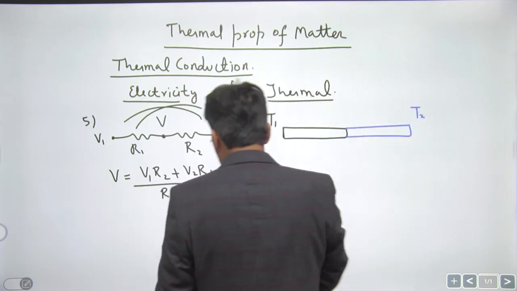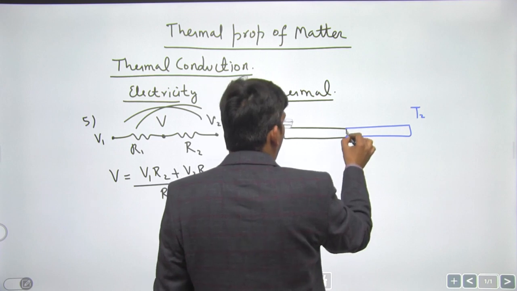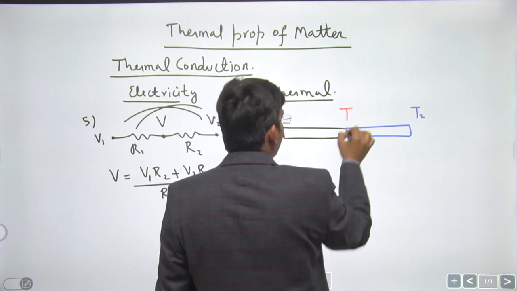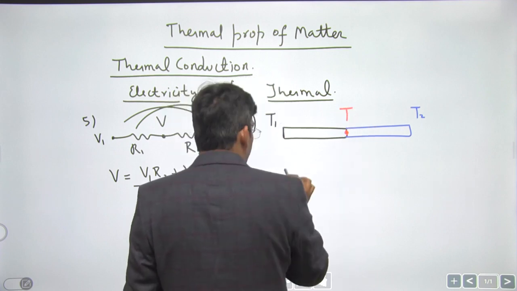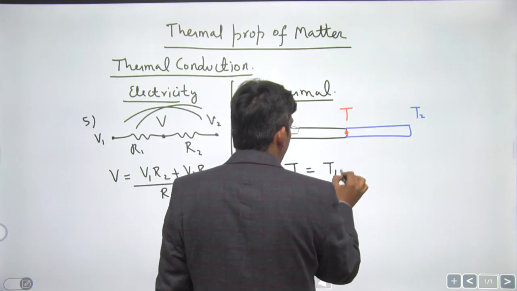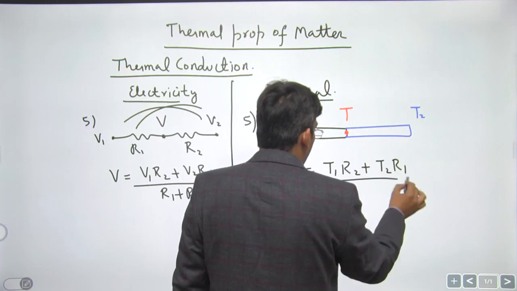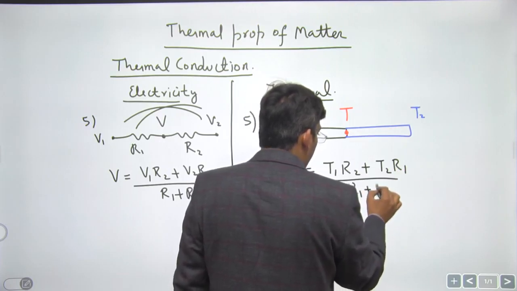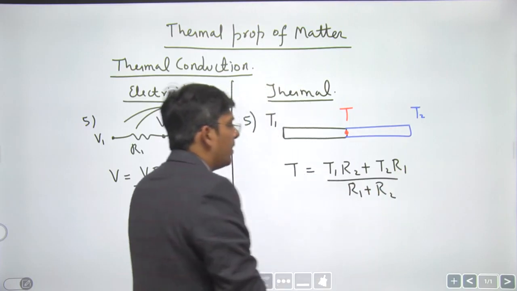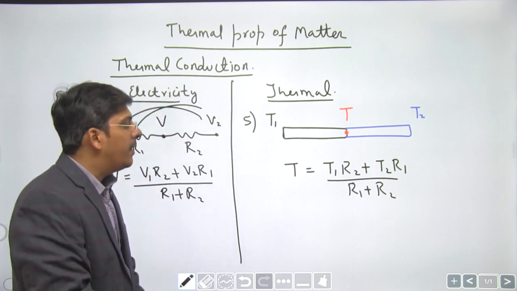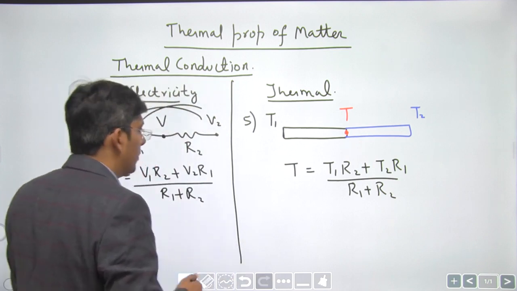Temperature of this point is T2. Temperature of the junction is T. So temperature of the junction is actually T1 into R2 plus T2 into R1 definitely divided by R1 plus R2. Okay, T1 R2 plus T2 R1 divided by R1 plus R2, right?